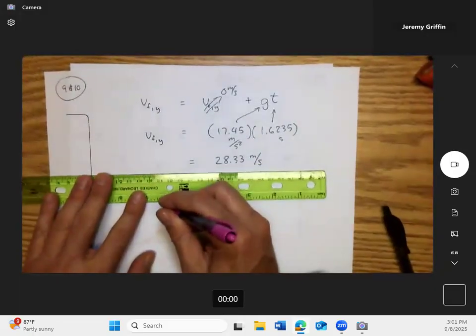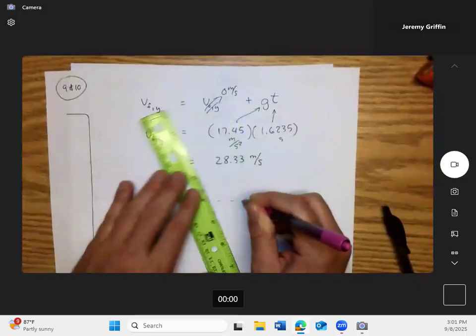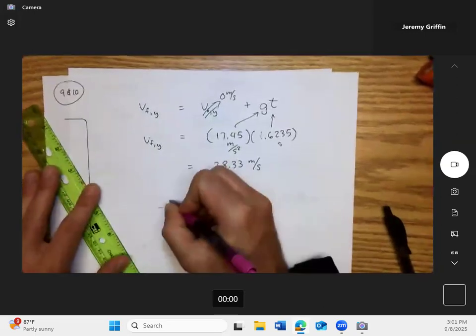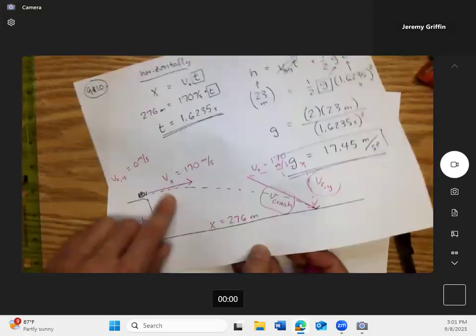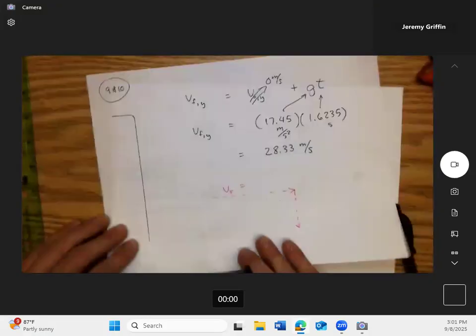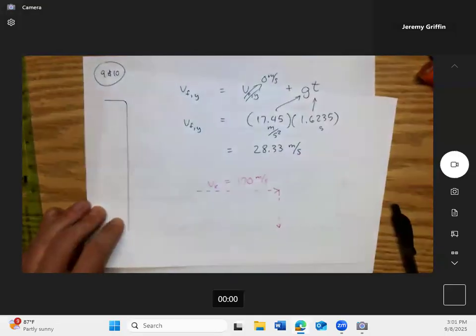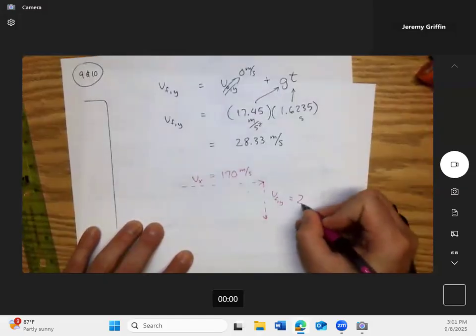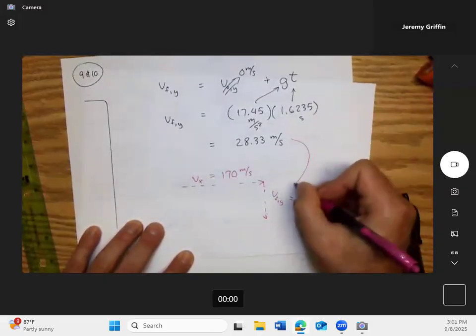So let's look at that Pythagorean theorem triangle. I know v sub x, and I just found v sub y. So v sub x was given from the beginning, and for my paper, that was 170 meters per second. So that's always been the case. 170 meters per second across. And coming down, v final in the y direction, that is what I just found right there.